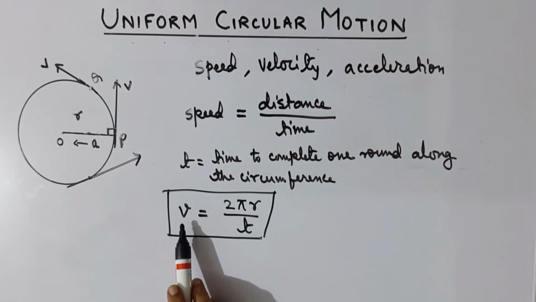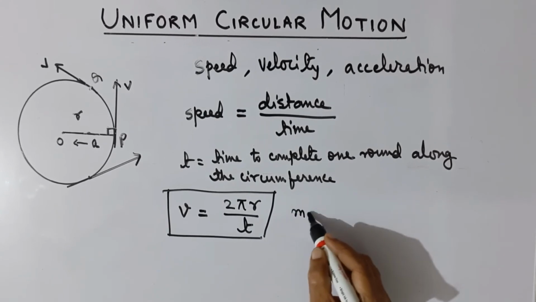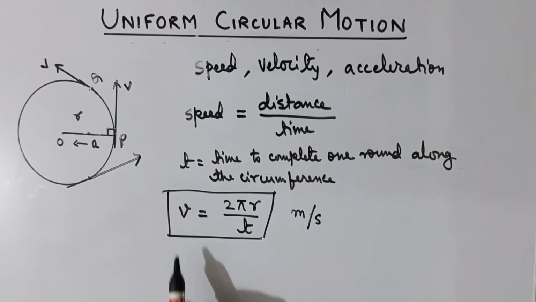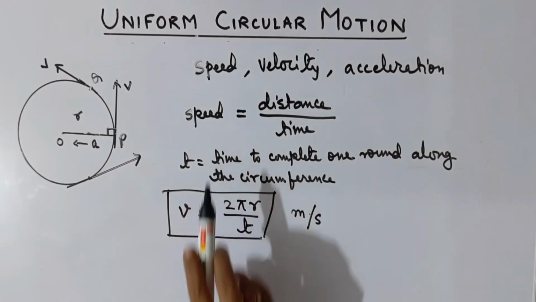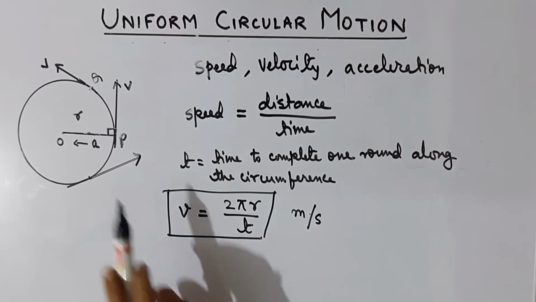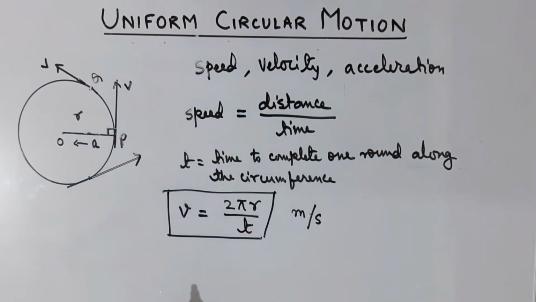Obviously, the SI unit of the speed is meter per second. Here we are talking about the speed. So speed is a scalar quantity, but velocity is a vector quantity. So the magnitude of the velocity is 2 pi r upon t, that is v, and the direction is always directed along the tangent of the circle.